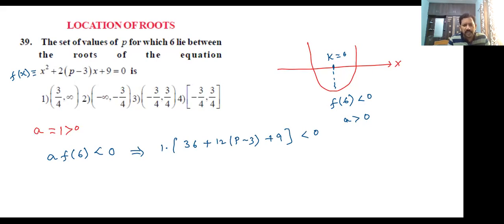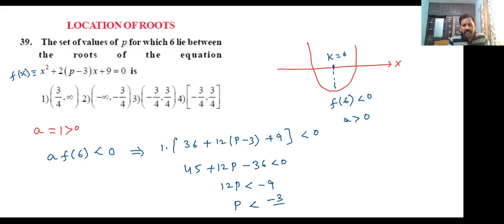So calculate this. 36 plus 9, 45 plus 12p minus 36 less than 0. 12p, 45 minus 36 plus 9, send to the right hand side, minus 9. P is less than minus 9 by 12.